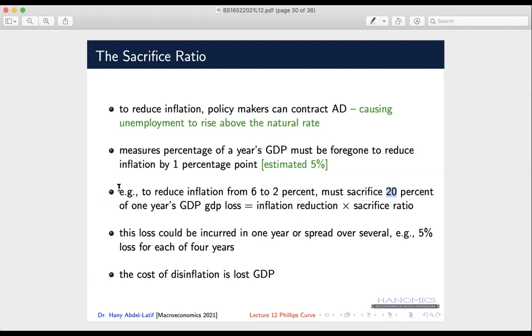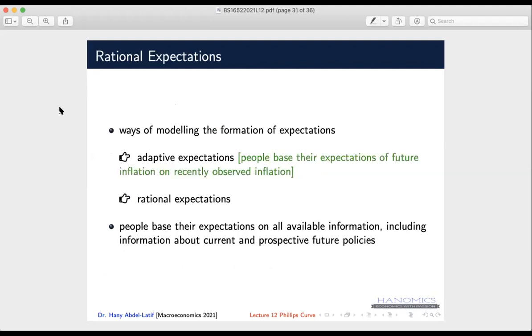So anyway, this is a concept we discussed in the videos, and I also talked briefly about rational expectations. We already discussed adaptive expectations before, and we said that when economic agents form their expectations about inflation, sometimes they just use the most recently observed inflation rate, so pi t minus 1.